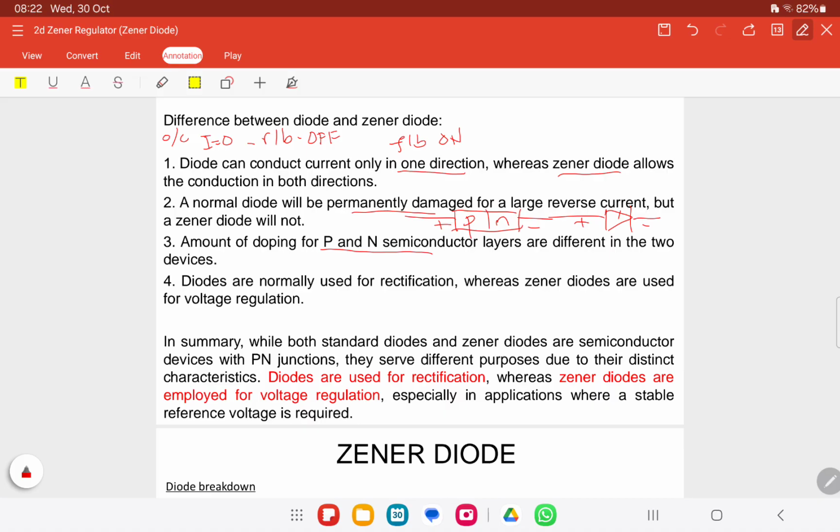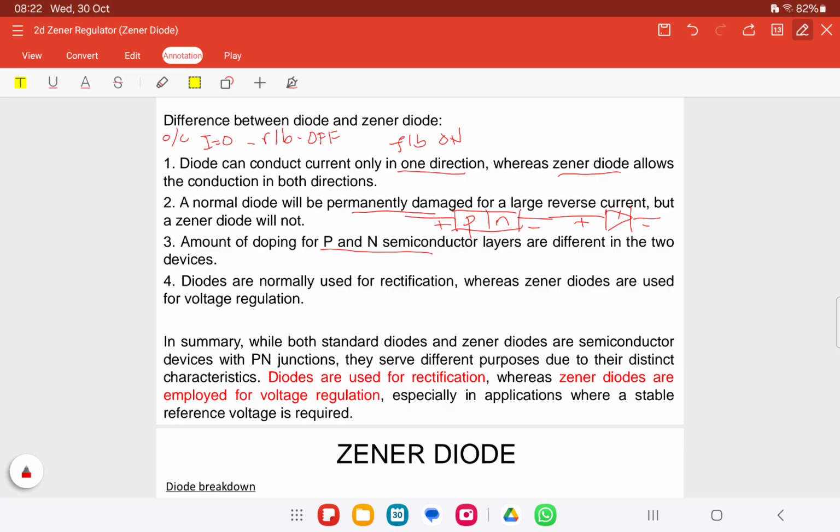So if you want to get the Zener diode, it means that during this PN combination process, the doping process has a certain value or certain ratio in order to get the Zener diode. We order a Zener diode, and then how much for the P and N?